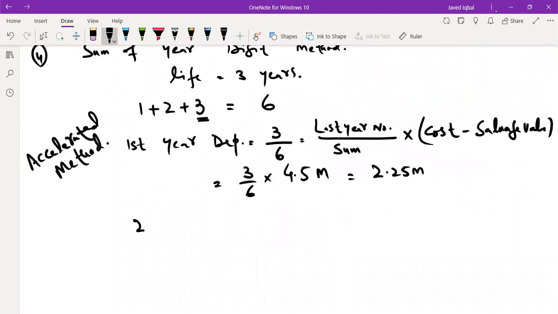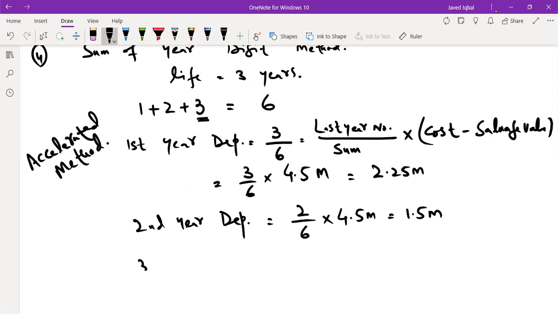Then for the second year, you do this, 2 divided by 6 multiplied by 4.5 million. So in this case, it becomes 1.5 million.